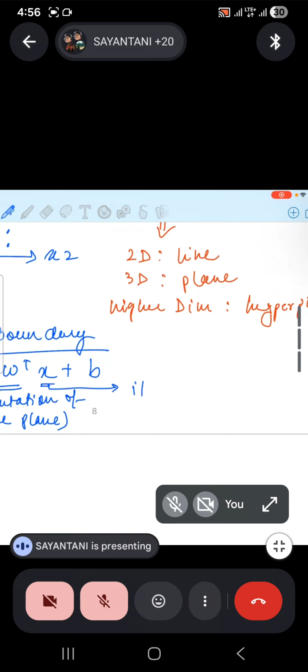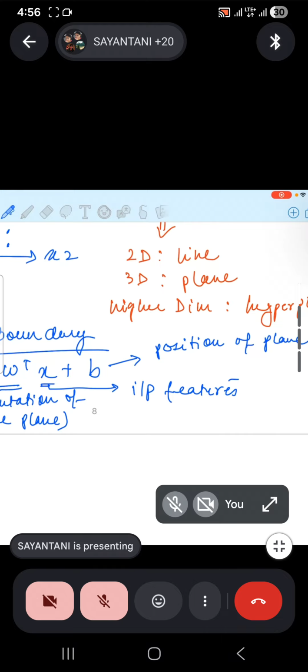X, you know, you have your input features, and b is deciding the position of the plane. And this has a particular technical term, it is called the bias term. Okay, so the W transpose is deciding the orientation of your plane or line, and b is denoting the position of your plane or line.